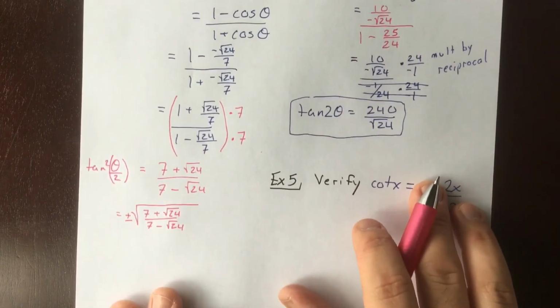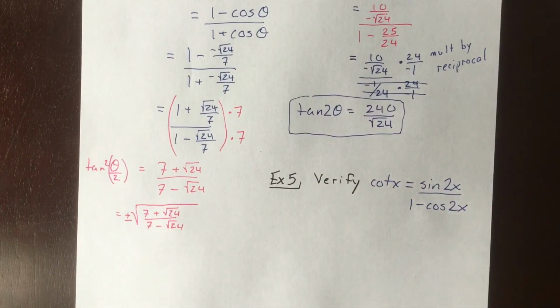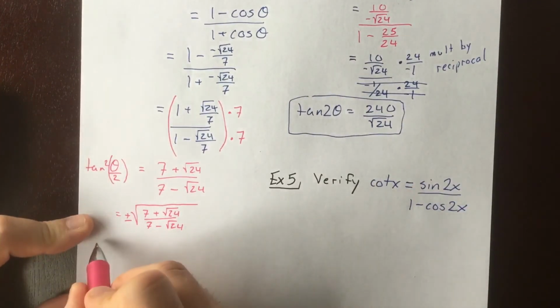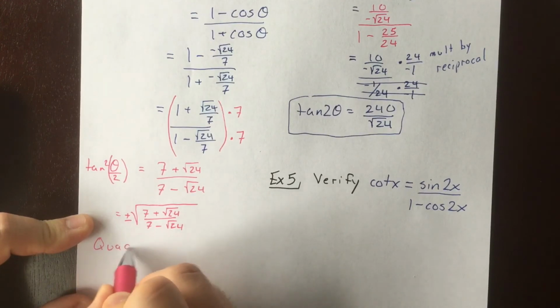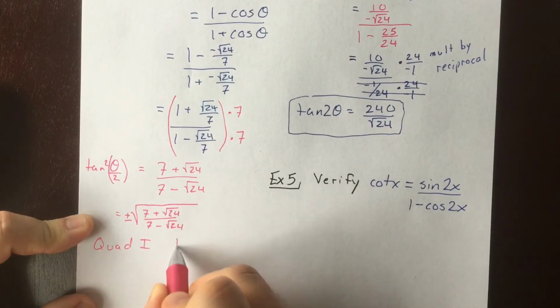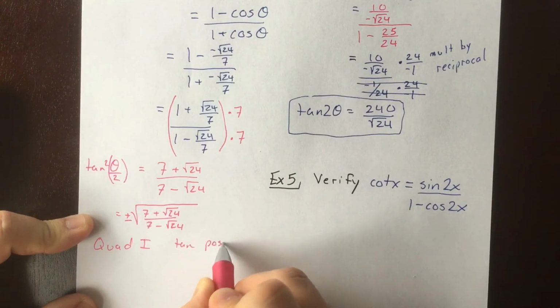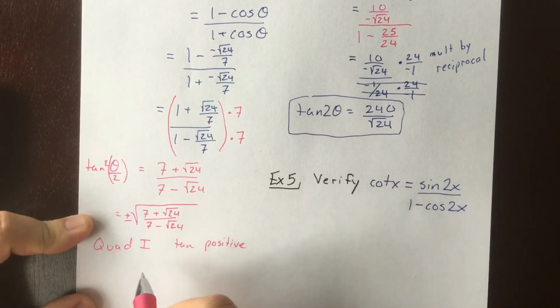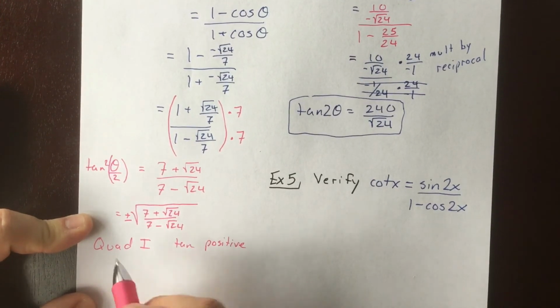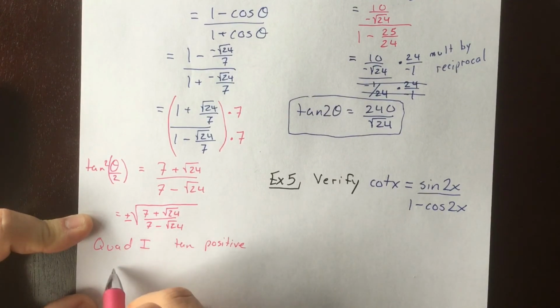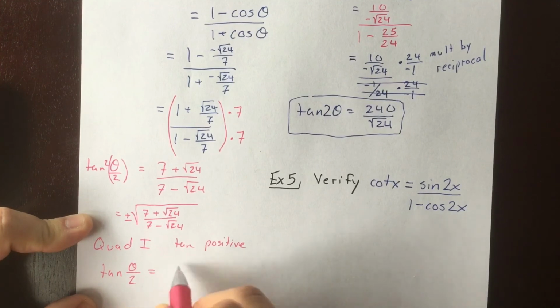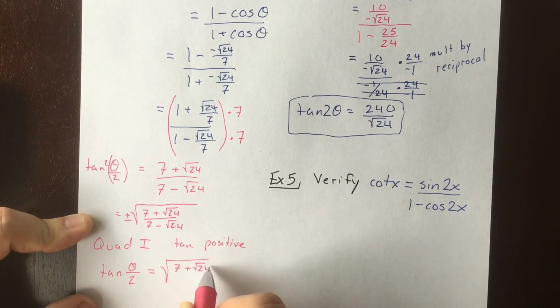So if I divide theta by 2, if I'm in the second quadrant and I divide theta by 2, we're in quadrant 1 where tangent is positive. And we get here only the positive radical. So tangent of theta over 2 is positive square root of 7 plus root 24 over 7 minus root 24.